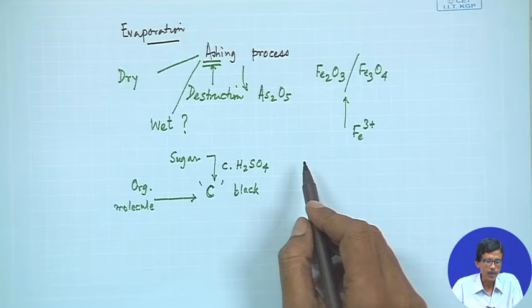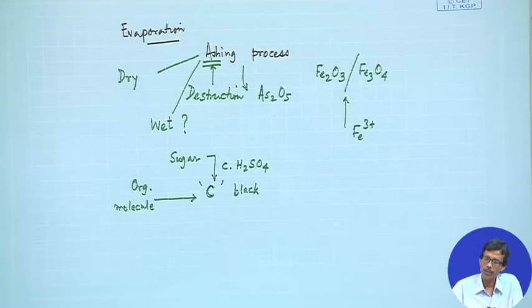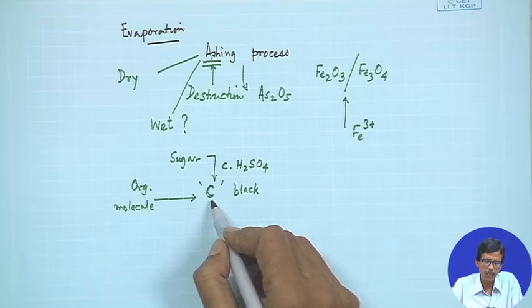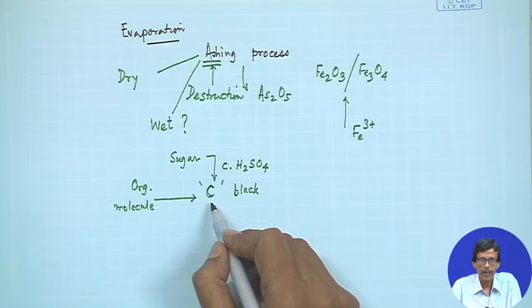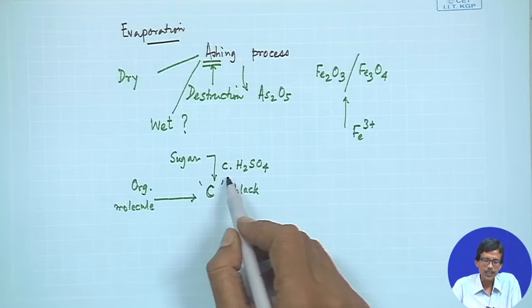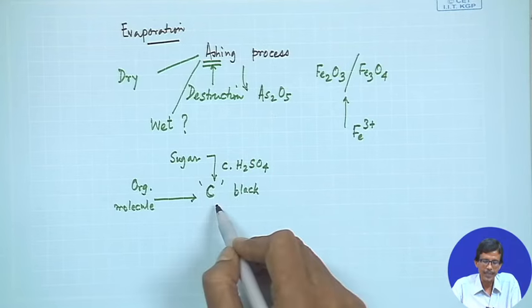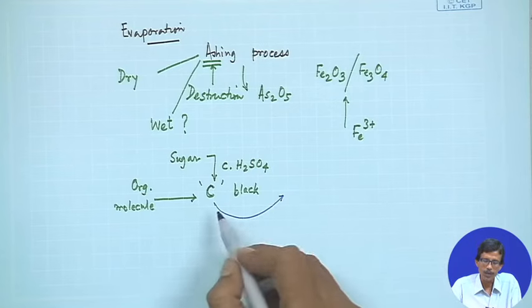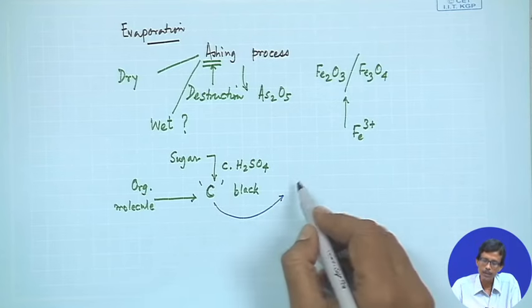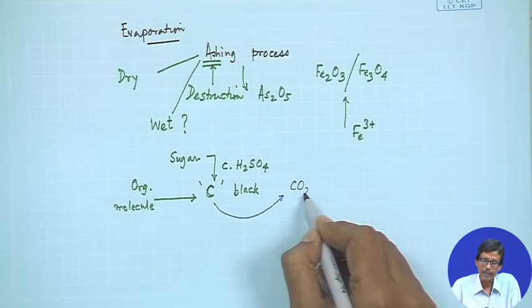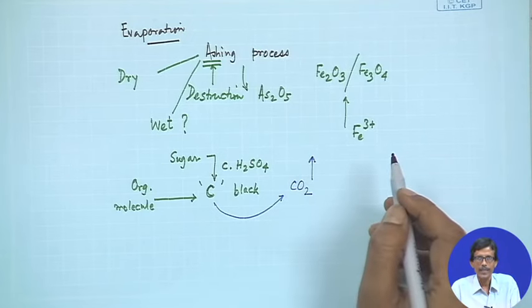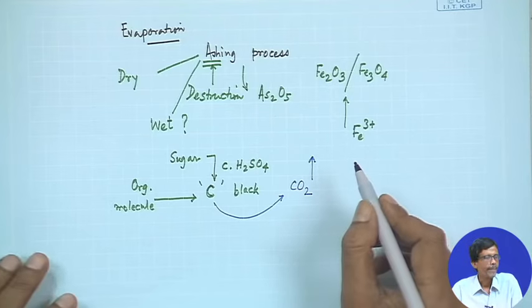But in a regular fashion or in a slow way, if we oxidize this carbonaceous matter or any organic sample by addition of sulfuric acid or nitric acid, we can oxidize this carbon without forming carbon particles. We can convert it to carbon dioxide, and that carbon dioxide can escape from the medium.